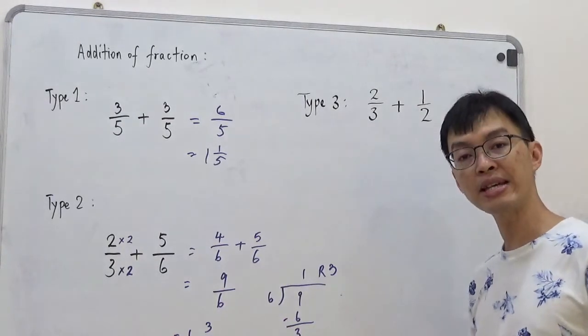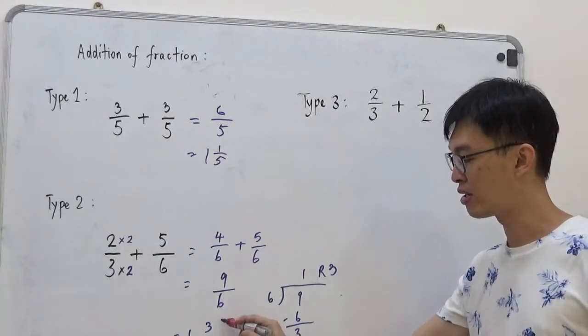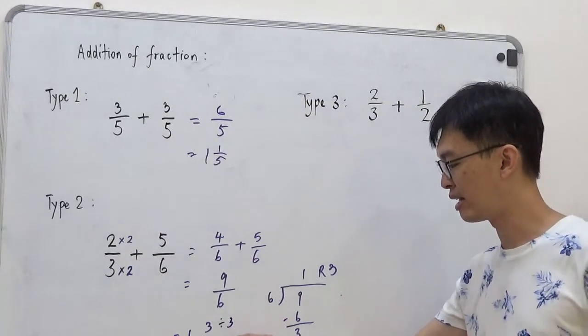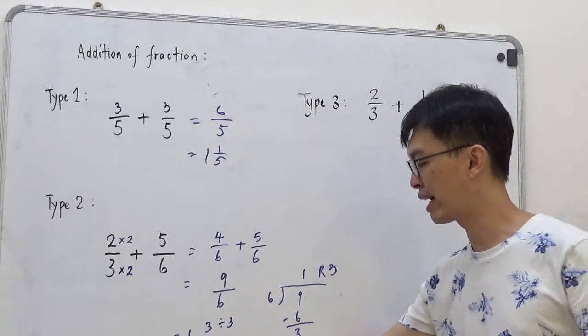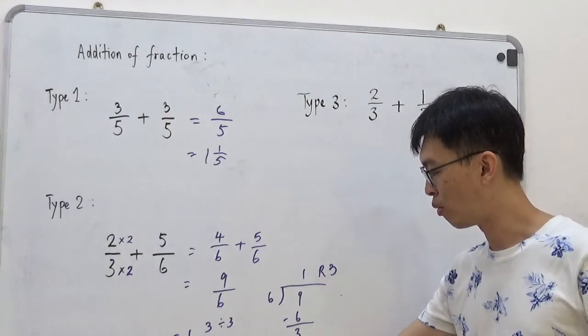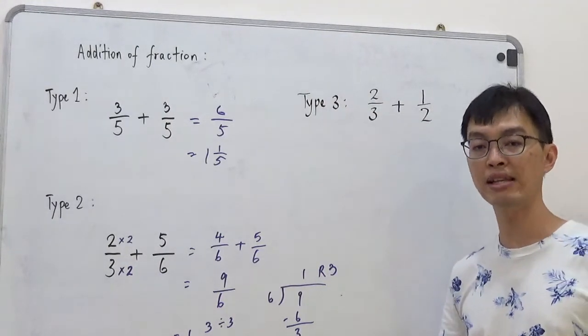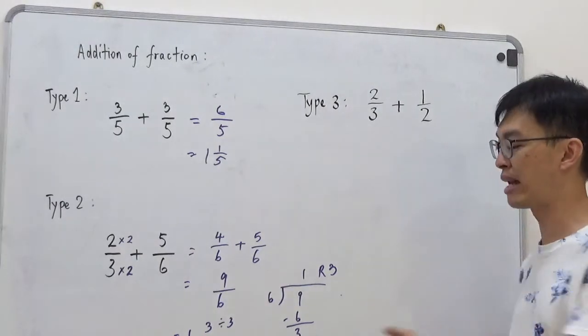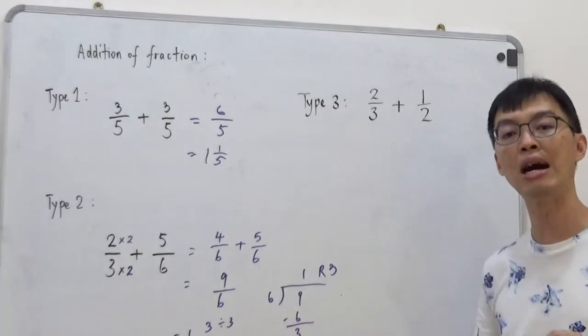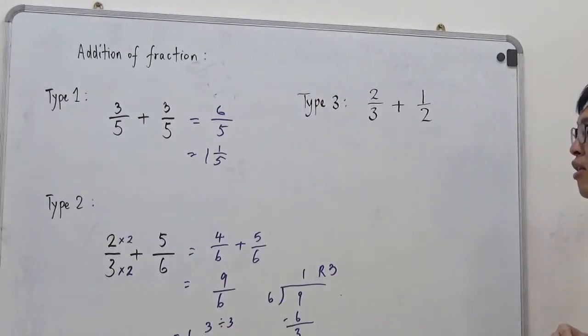However, 3 over 6, you can further simplify this. So I'm going to divide by 3, divide by 3. So I'm going to get 1 whole, 1 over 2. Now, I think you can't see this. Later, I will tilt down the camera so that you can see the working and you can copy down the steps.